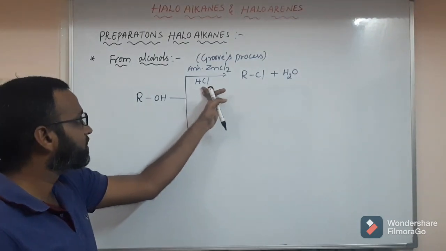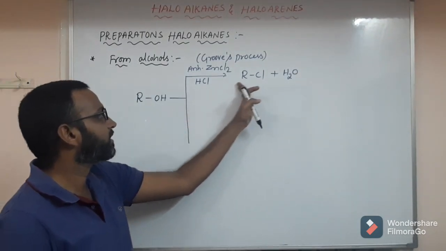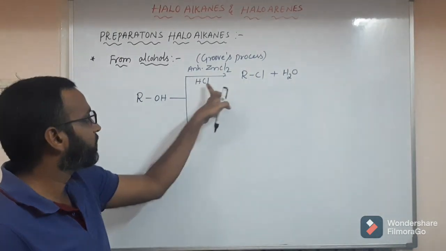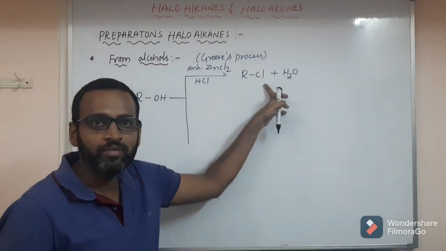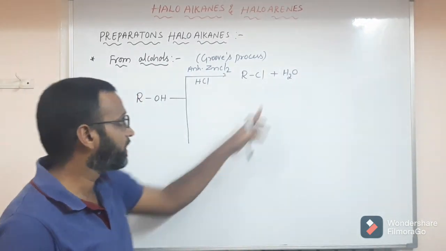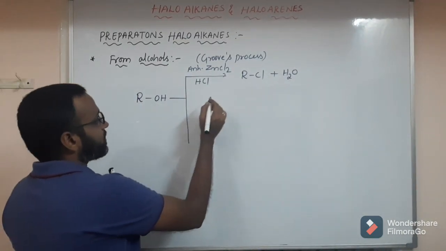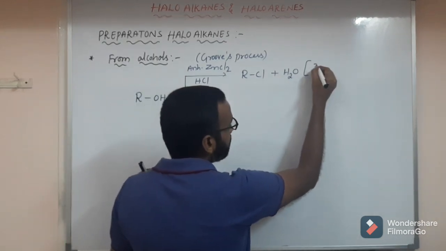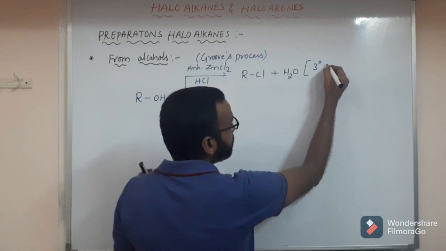If you take HBr or HI, then you will have a different product. If you take HBr, you have RBr. This is a very important thing. What type of alcohols are more reactive towards the Groves process?